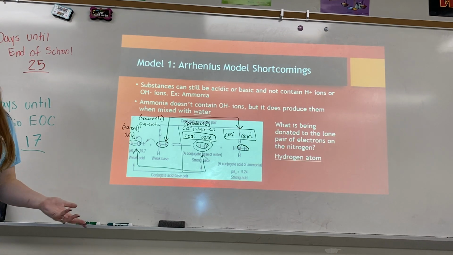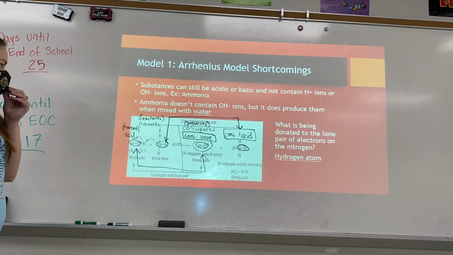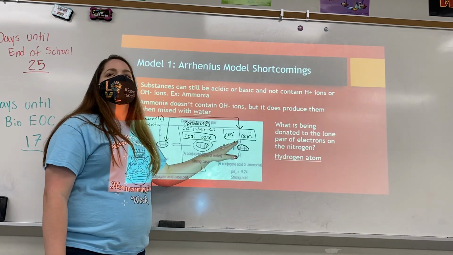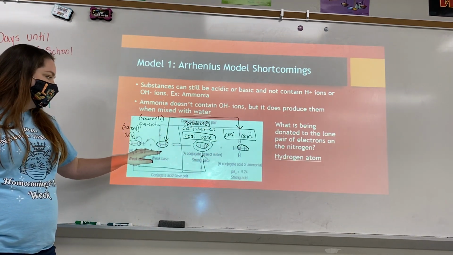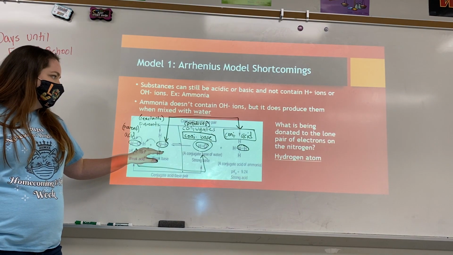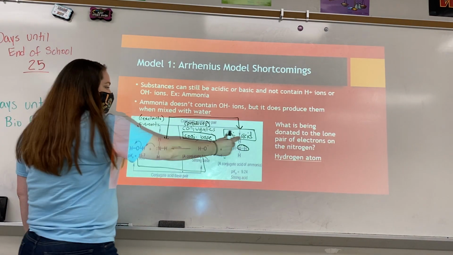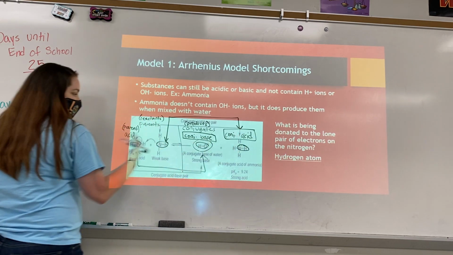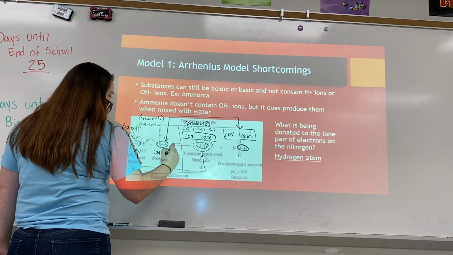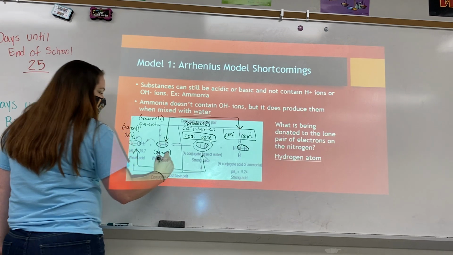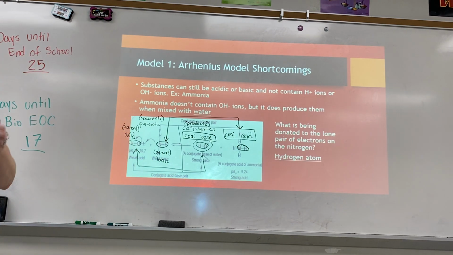Sometimes you can call it the parent acid. All right? If this is your conjugate acid, its partner is going to be the what? Parent base. Remember, conjugates are over here, parents are over here. So this is your parent base.